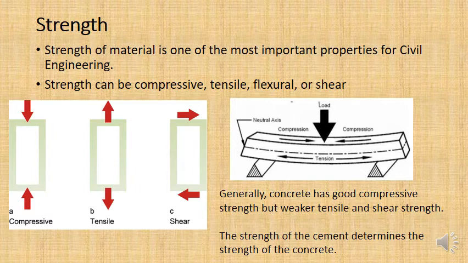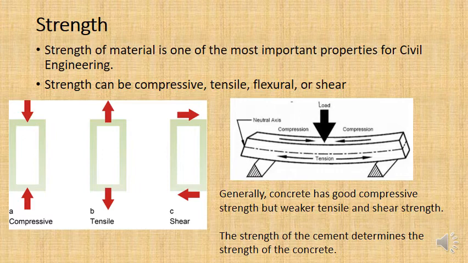Now, when you have a concrete, remember a concrete is a composite material. It's made up of aggregate and cement holding the aggregate together. What you need to know is that it will break at the weakest element, and cement is usually weaker than the aggregate.